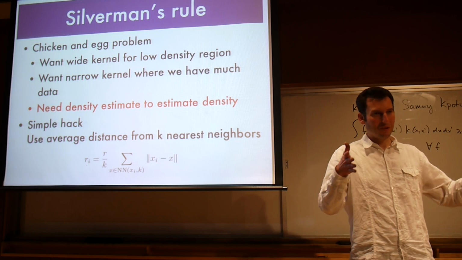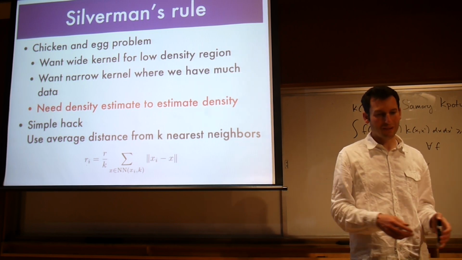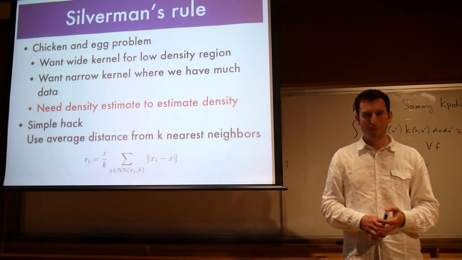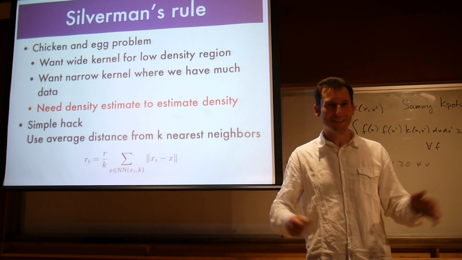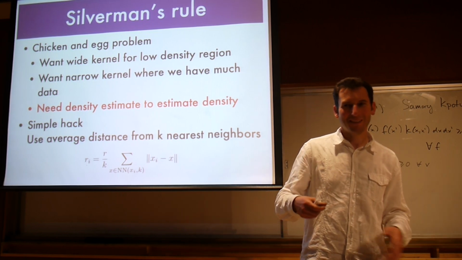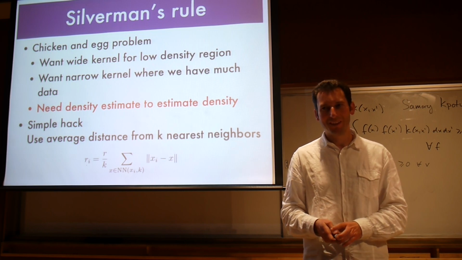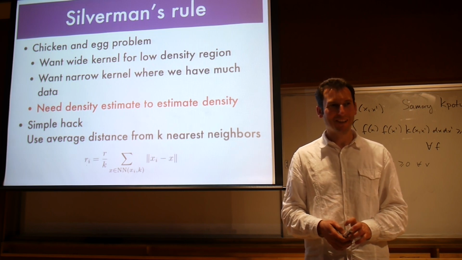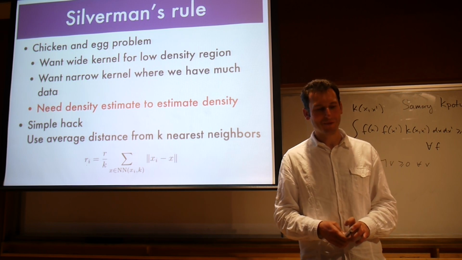So you want to have a very narrow scale in the cities and a very wide scale in the countryside. Of course, if we knew the density, we could automatically adjust the density scale, but it's a chicken and egg problem. So doing density estimation to get the parameters for the density estimate is kind of stupid.